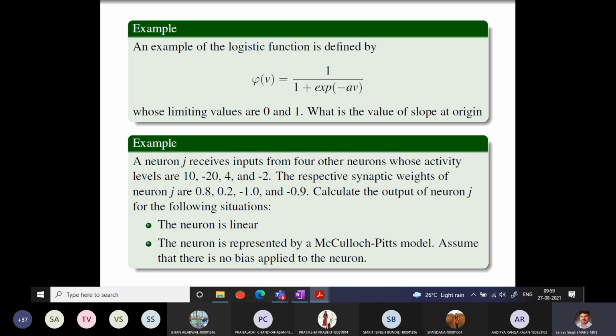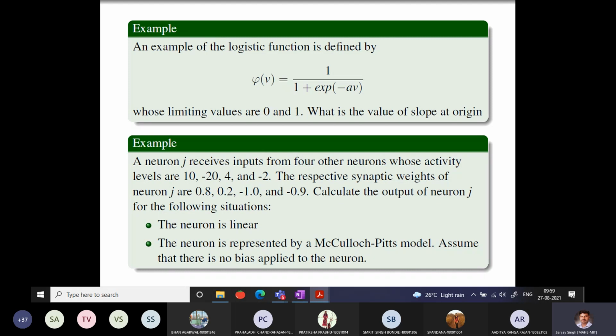Now another situation is that the neuron is restricted by a McCulloch-Pitts model. Assume that no bias is applied to this neuron. In this case, what will be the output? Roughly, a rough guess. Anybody? Whatever activation potential you have computed, remember that the McCulloch-Pitts model uses a thresholding function.